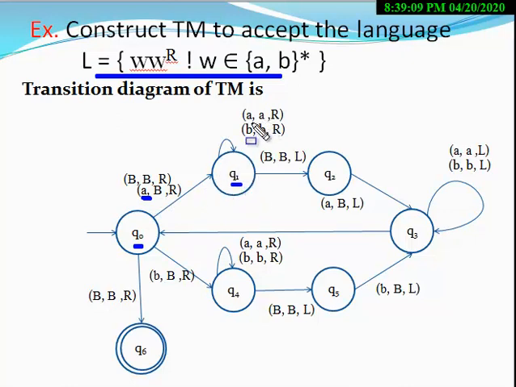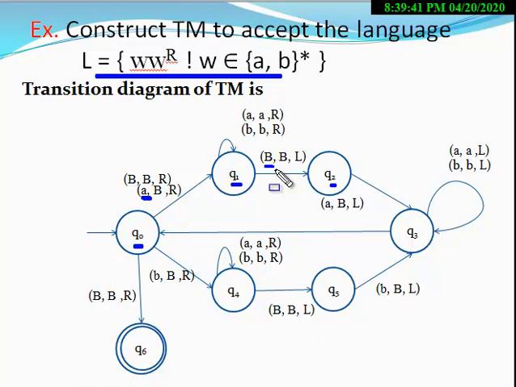Either small a or small b appears in the tape, the machine only moves right. As soon as the tape symbol capital B, the blank symbol, appears, the machine changes its state from Q1 to Q2.